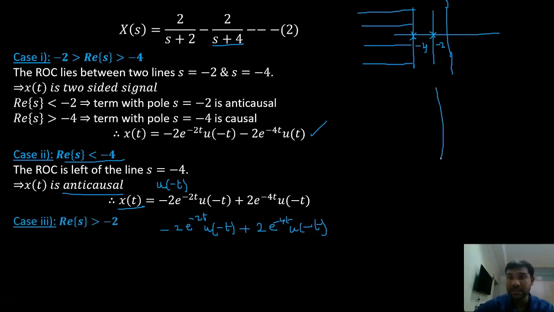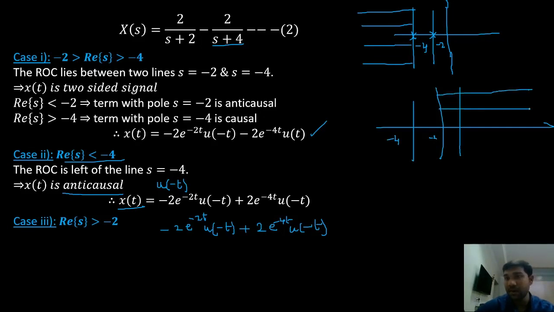Now the last case is sigma greater than minus 2. So this is minus 2 and this is minus 4. Now since my sigma is greater than minus 2, this is my ROC. So if this is my ROC, what can I say?